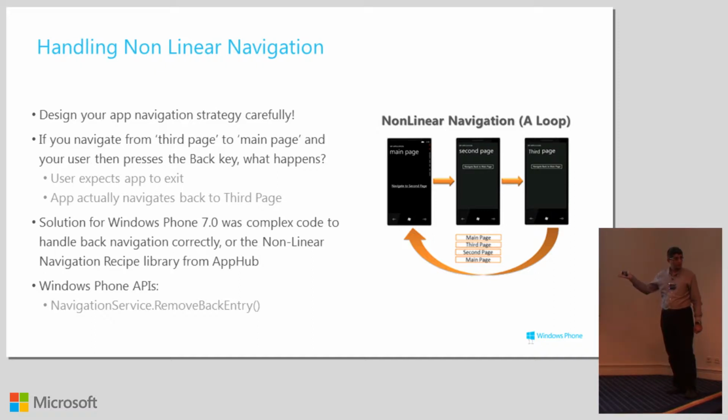The third page. So when I click the back button here, the expected behavior for me would be to close the application, but in code, it's going to take me back to the third page. What you could do is use NavigationService.RemoveBackEntry to remove the entries that you don't want.